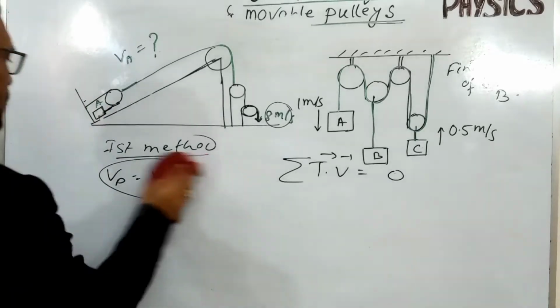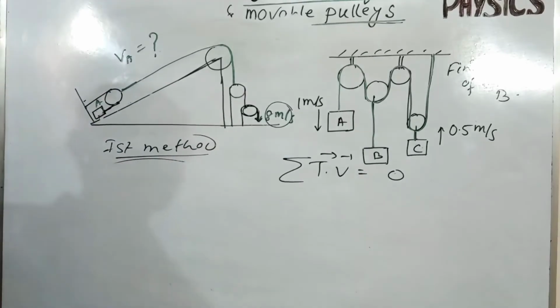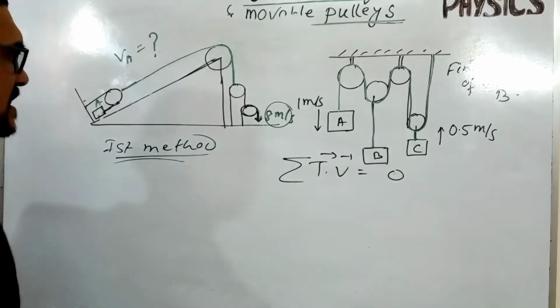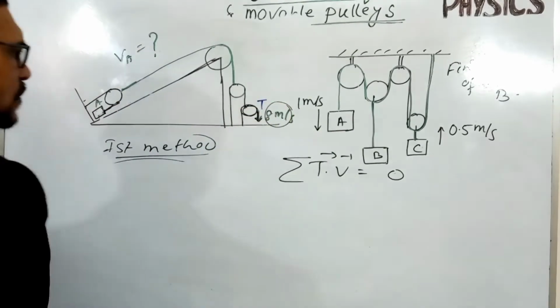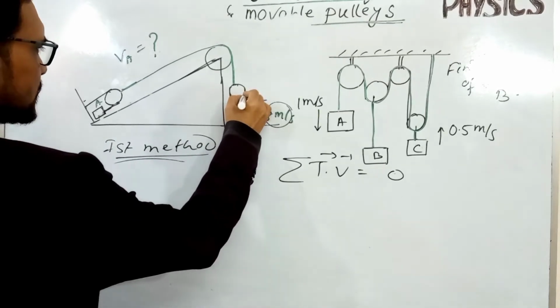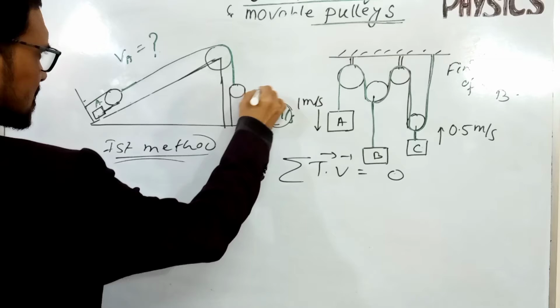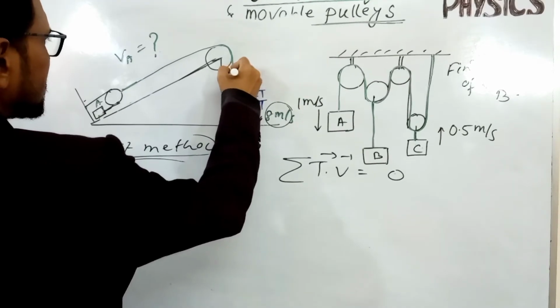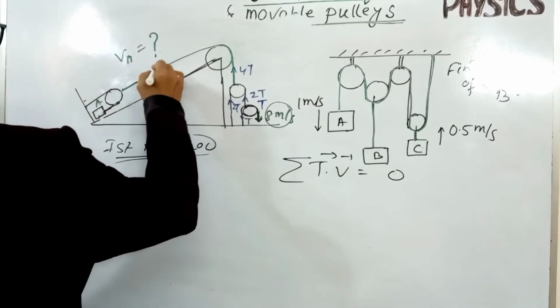Now in this problem, what is the tension? Suppose this tension is T. Now what is the tension of this? This is also T. Now this tension will be 2T. So this will be 40.